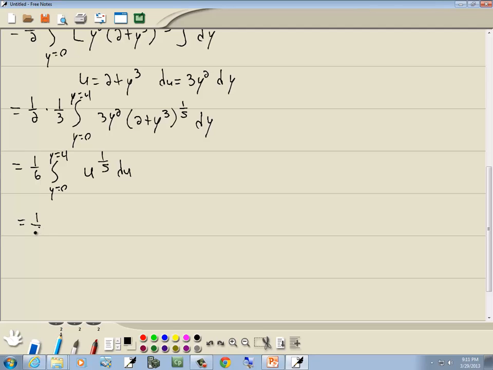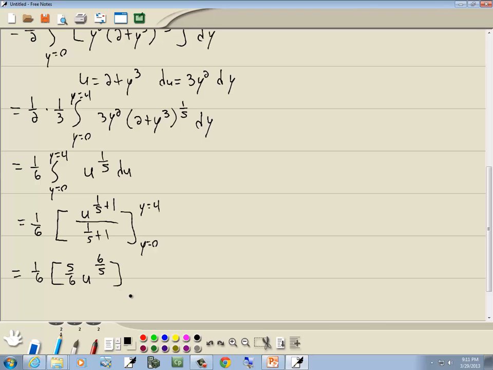Okay. So I'm going to take the integral with respect to u. So I add 1 to the power, divide by the new power. So we got u to the 1/5 plus 1, and then divide by 1/5 plus 1, y is equal to 0 to y is equal to 4, which gives us 1/6. 1/5 plus 1 gives us 6/5, so this becomes 5/6 u to the 6/5, y is equal to 0, y is equal to 4.